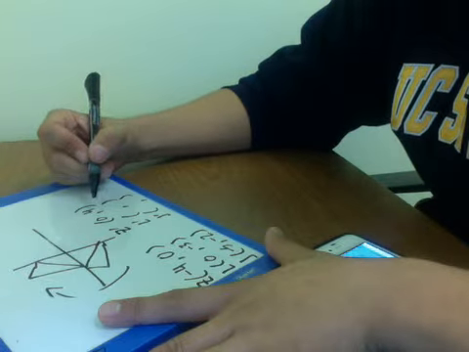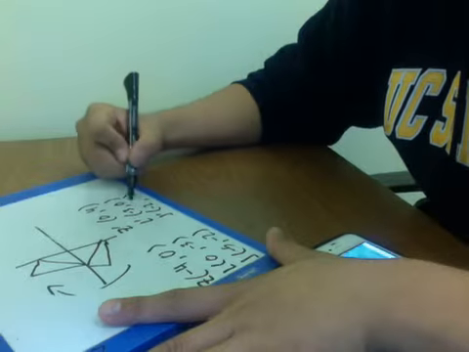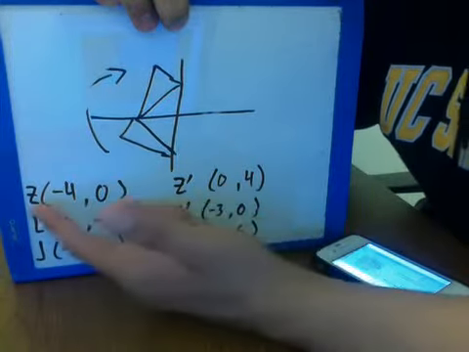Let's see. L is -3, 0, and -2, 5. Okay, so these were the numbers. -4, 0 for Z. Let me write down the letters too.